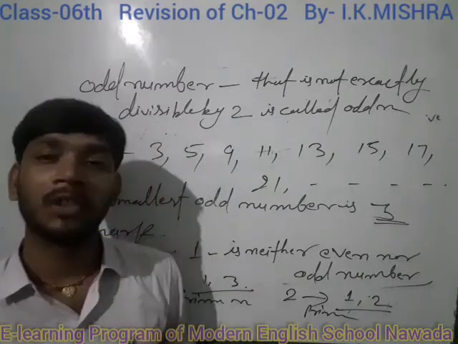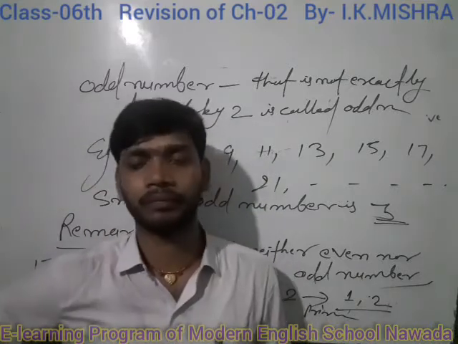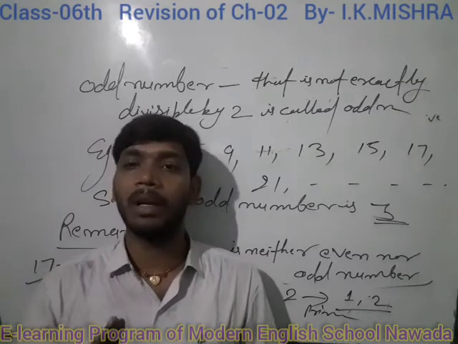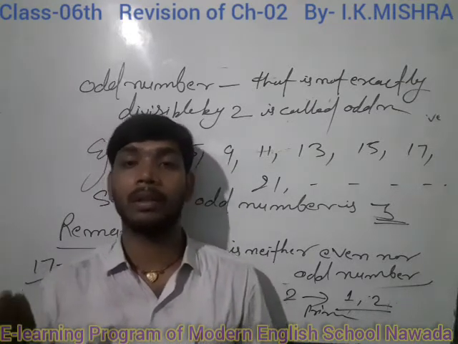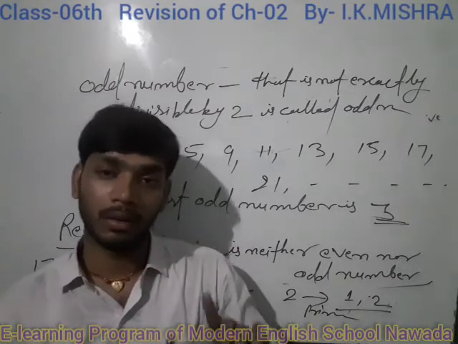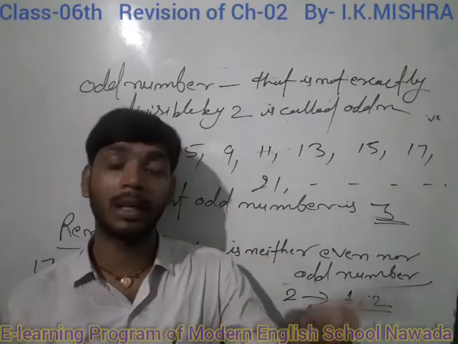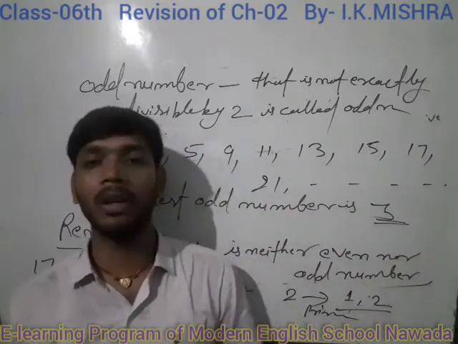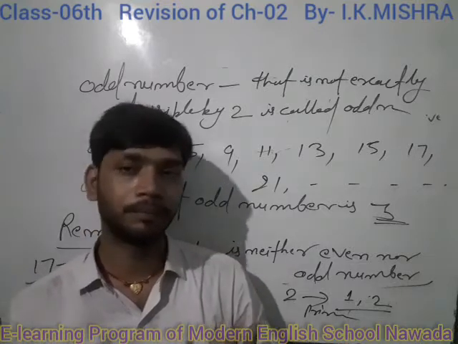Now proceed to composite numbers. Composite numbers are those numbers which have more than 2 factors. The number which has only 2 factors, 1 and the number itself, is called a prime number, but those having more than 2 factors are called composite numbers.